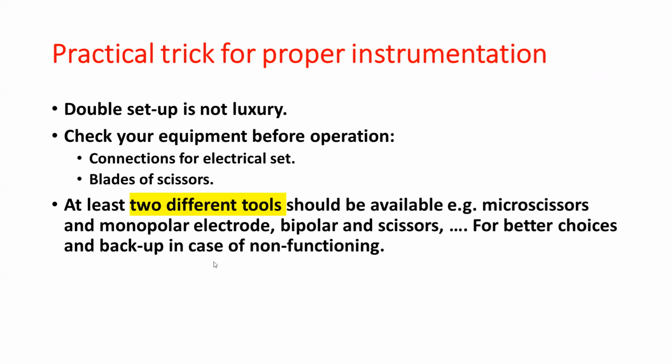You should have scissors and monopolar or bipolar, or scissors and other energy electrodes and so on. So have two different tools and double setup. These are essential requirements or prerequisites to achieve proper incision of the septum. And you have to check your equipment before the operation for connections and the blades of the scissors.